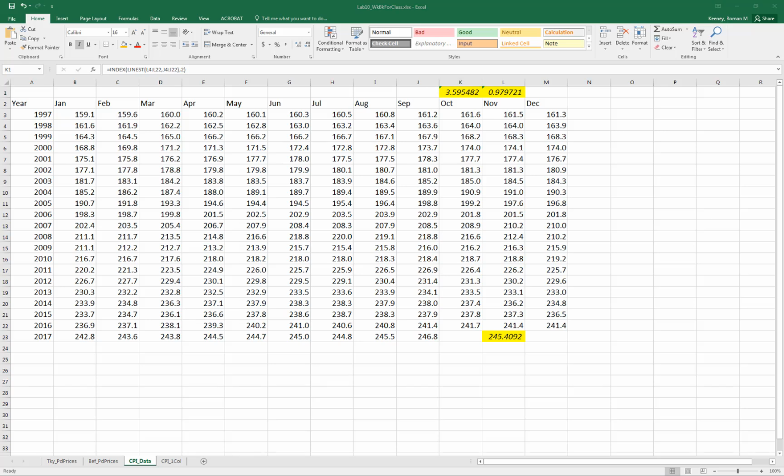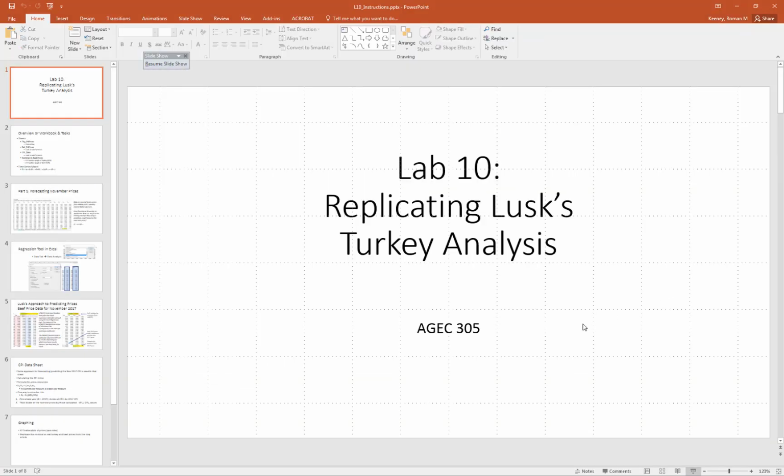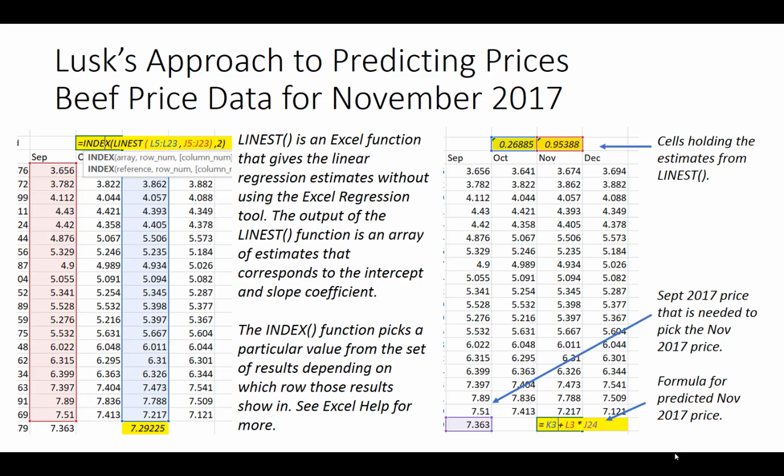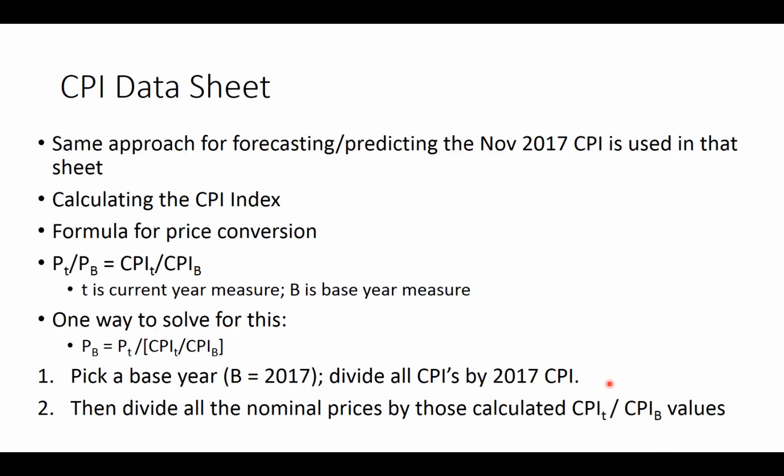Okay, let's go back to our PowerPoint with some overview information. So the CPI data sheet there, we used the same method to forecast the November 2017 CPI.